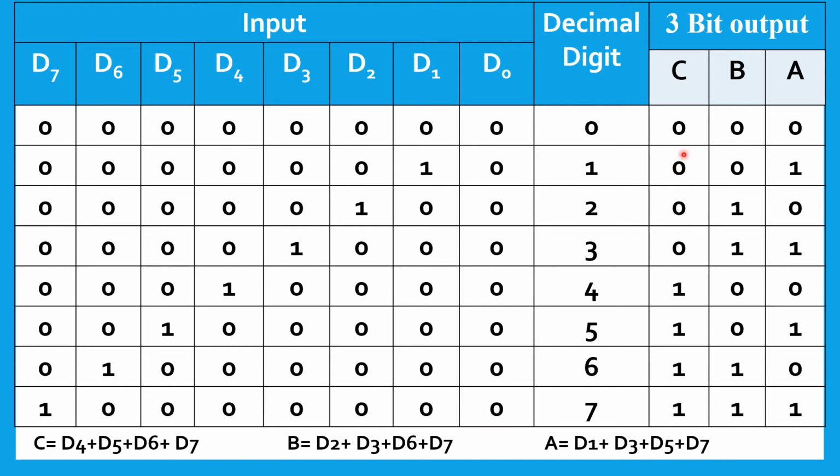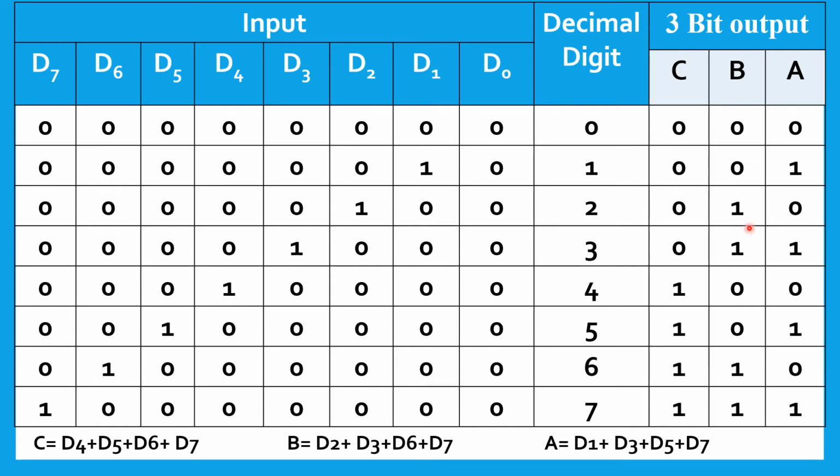Here we can see that C, the most significant bit output, is 1 only when D4 is high or D5 is high or D6 is high or D7 is high. So the Boolean expression for C we can write as D4 or D5 or D6 or D7.